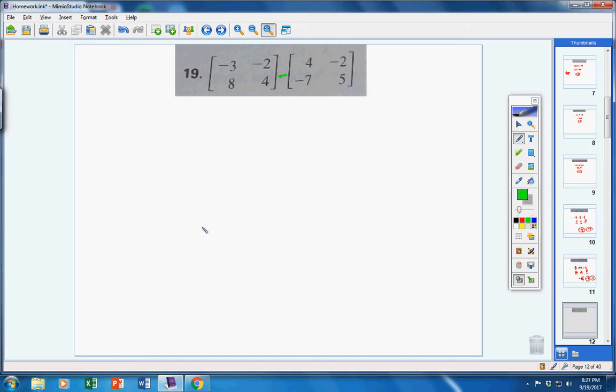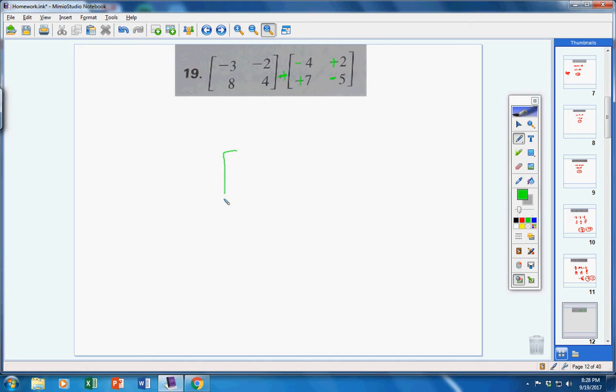First of all, I always suggest to students, instead of subtracting matrices, they need to change the sign here to a positive, and then change all of the signs in the second matrix. So this becomes negative, this becomes positive, this becomes positive, and this becomes negative.